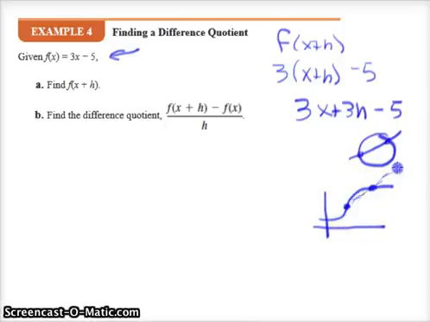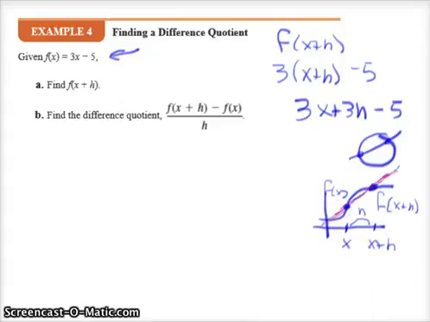If this is x, then this y right here is f of x. And if this distance right here is h, this location is x plus h. And that y would be f of x plus h. So really, all you're doing here is finding the slope of this secant line. So don't make it a big deal.